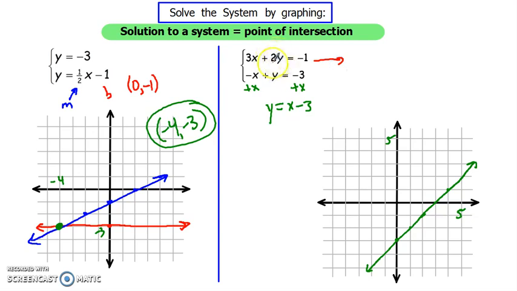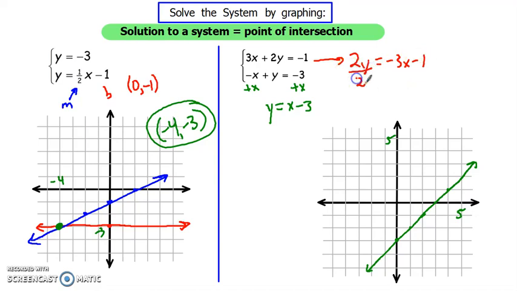Now this one's going to take a little bit more work, but again, I'd like to get that x off of the same side as the y. So I'm going to subtract 3x. So I'm going to say 2y equals, I'm going to subtract that 3x over to the right, making it disappear from the left. And again, we've also got a -1, -3x plus the -1 over there on the right.